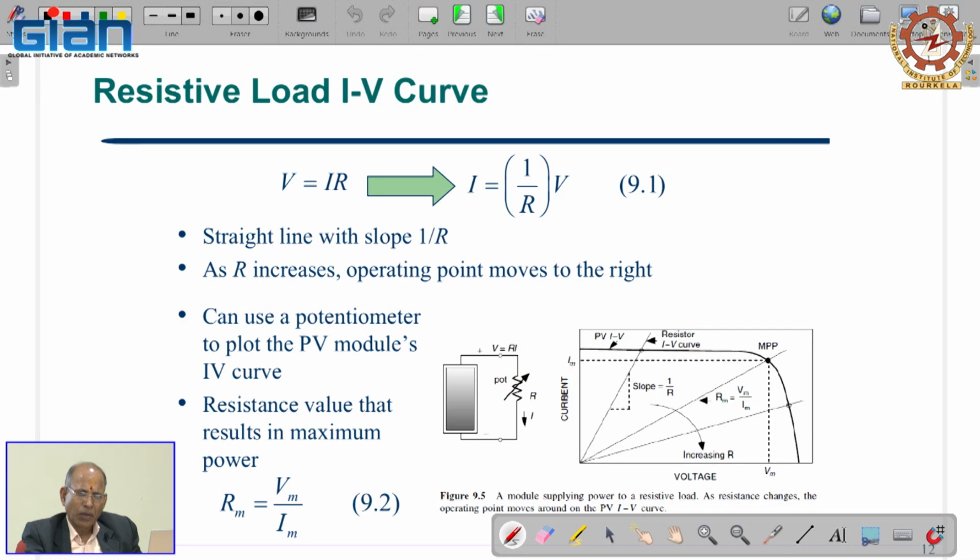By increasing or decreasing the resistance, you can change the current.